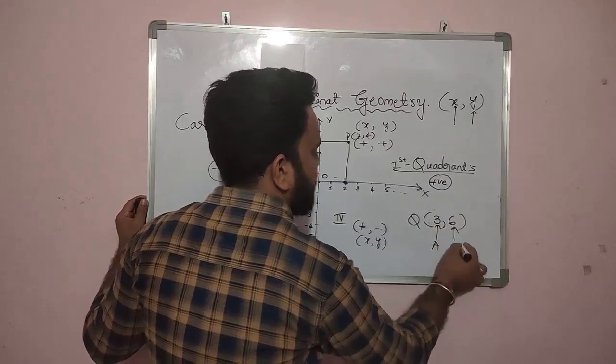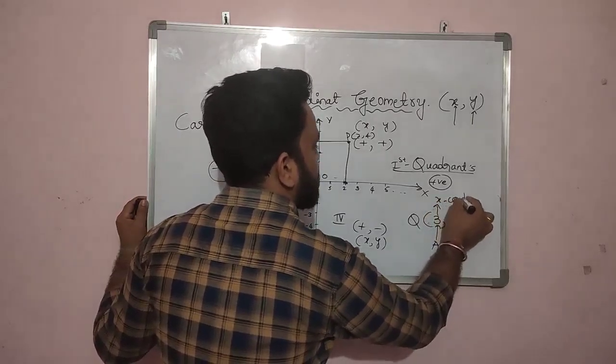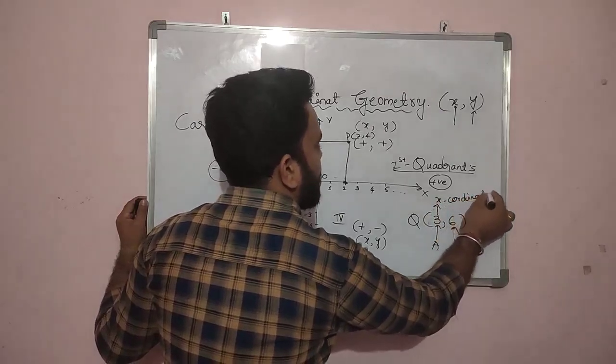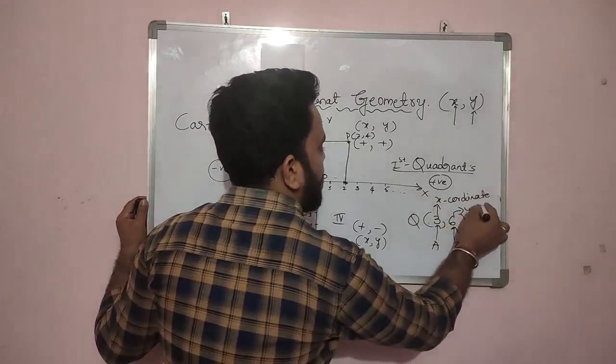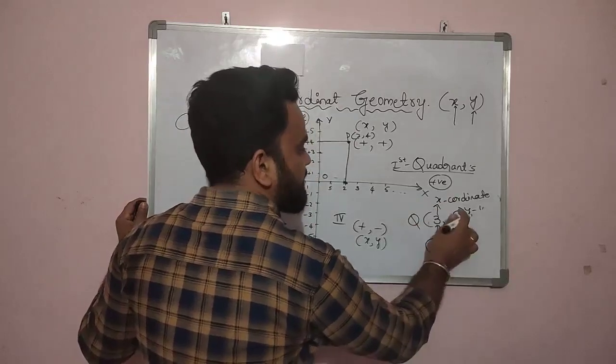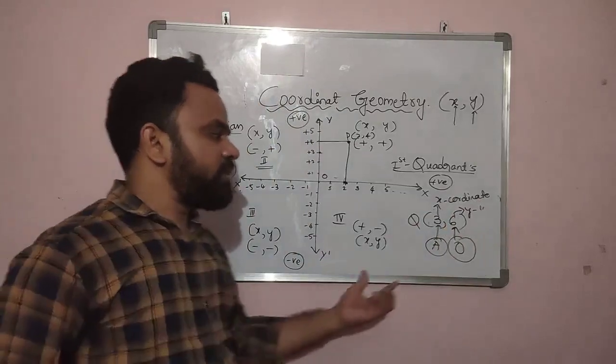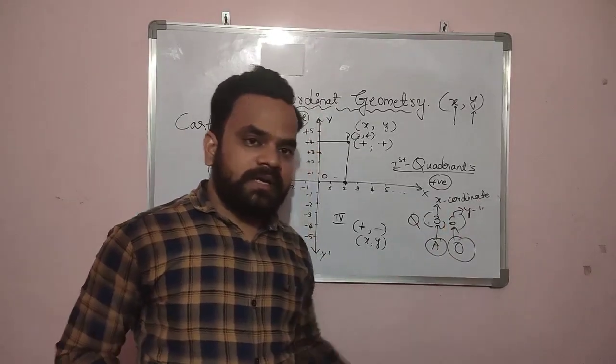What is 6? It is the ordinate. 3 is also called the x coordinate, and 6 is also called the y coordinate. 3 is the x coordinate or abscissa, and 6 is the y coordinate or ordinate. They may ask you for the abscissa and the ordinate, right?